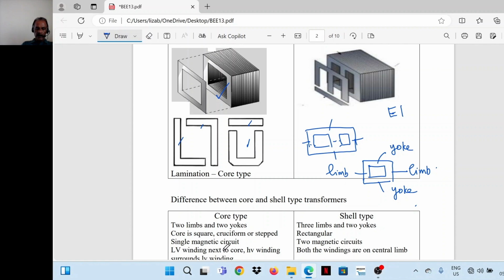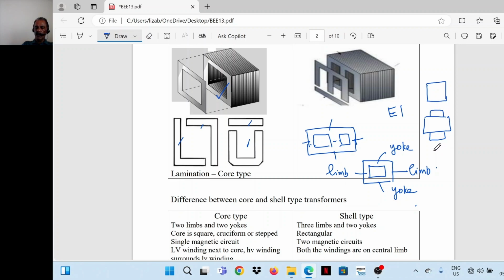Then the next point is the core shape. For core type transformer, the core is square, cruciform or stepped. That is the cross section of the core. Square, cruciform, somewhat like this.